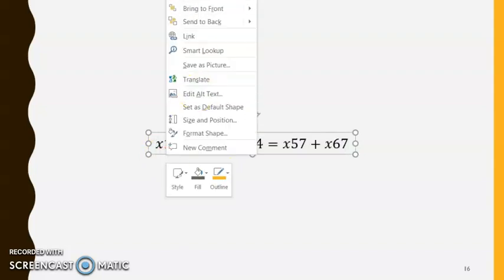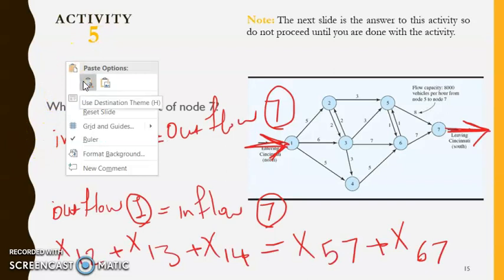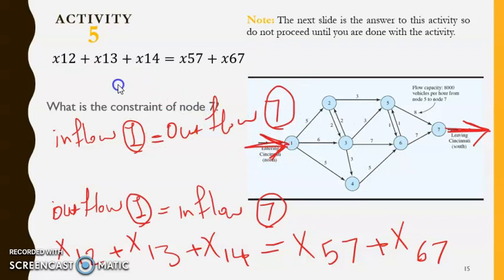Let's remove this and bring it over there so we can compare them better to see they are the same. So here we have, as you can see, x12, x13, x14, and also on the other side x57 and x67.